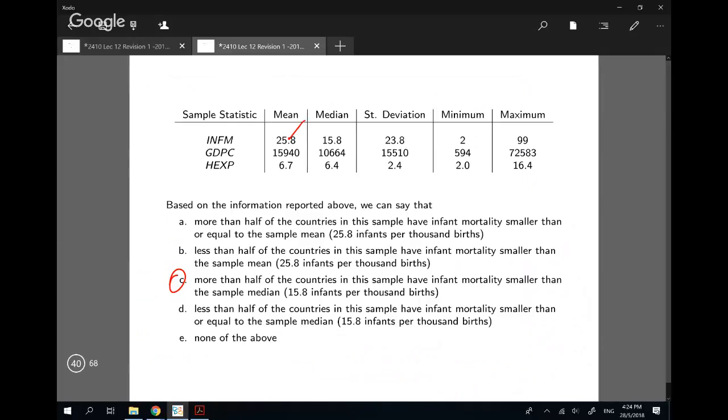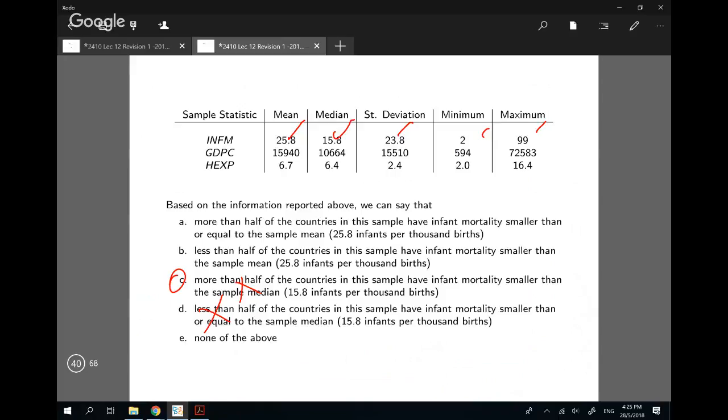Okay, this is quite challenging actually. So less than half. Okay, C and D are wrong because it should be exactly half. So it's between A and B.